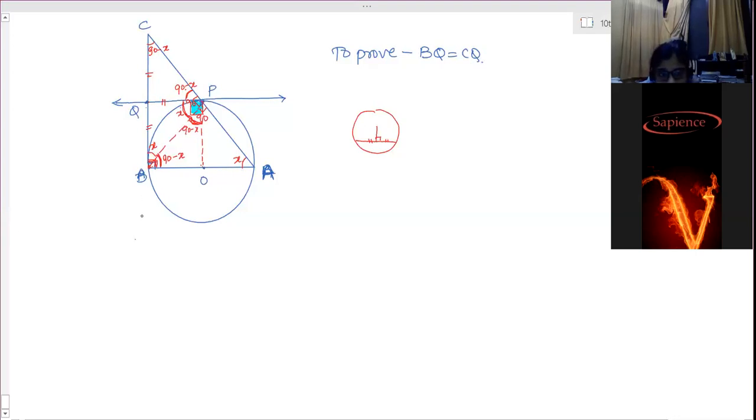From Q, this is a tangent, QB is 90 and this one is center, so QB is equal to QP, right? But you have to show that QB is a tangent, because they have not given CB as a tangent. They have only given CB is perpendicular, 90 degrees. So you have to write down that part.